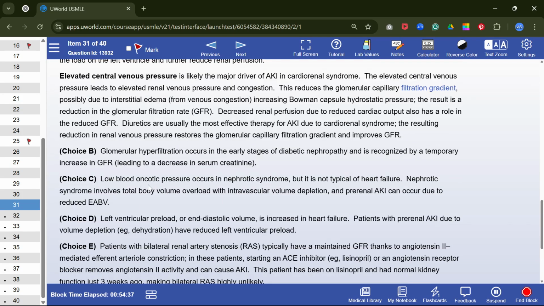There is low albumin, and low albumin causes water to come out of the circulation. So total body volume is increased, but intravascular volume is depleted. Like if you think about ECF and ICF, that volume is depleted, but total body volume is overloaded. That is what they are trying to say.